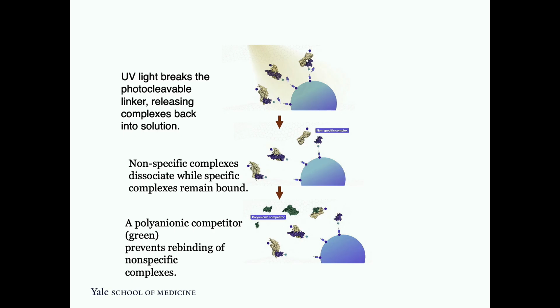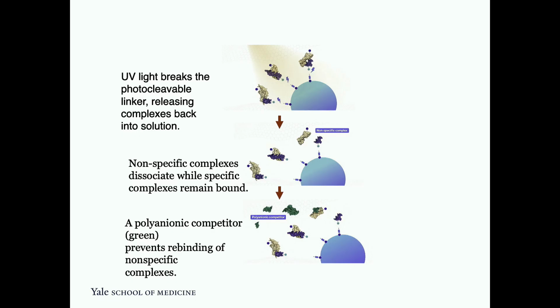So the non-interacting proteins and your aptamers are now separated, but the specific ones stay in the complex. Then they add something called a polyanionic competitor, which binds to the free protein, so these free proteins cannot come and bind back. They make a complex with the competitor and stay away from any further interaction.